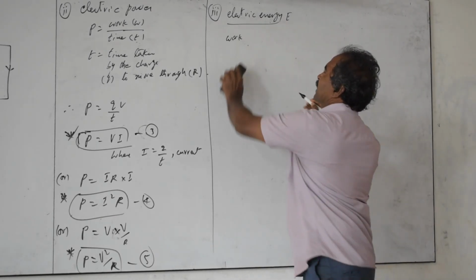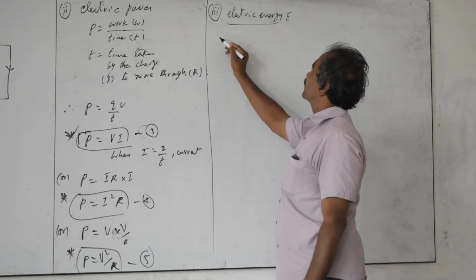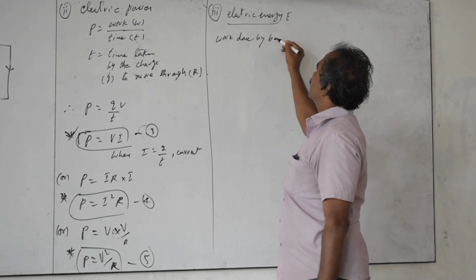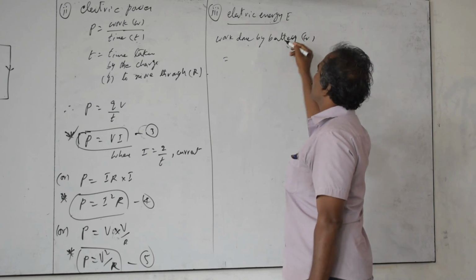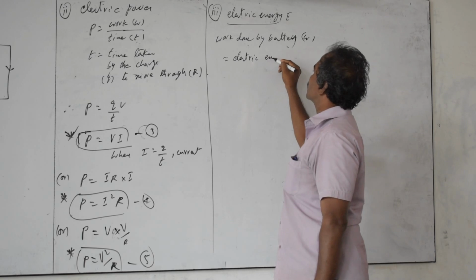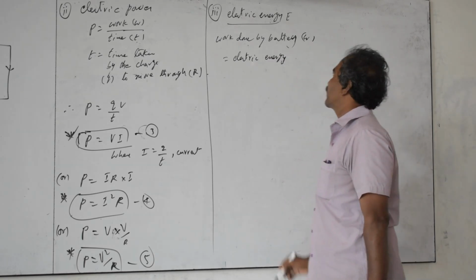Work done by the battery is equal to the energy expended or spent by the battery cell, that is W is equal to electrical energy.